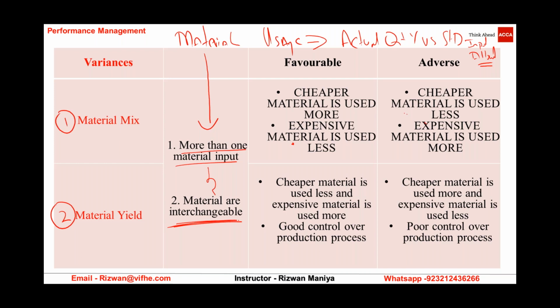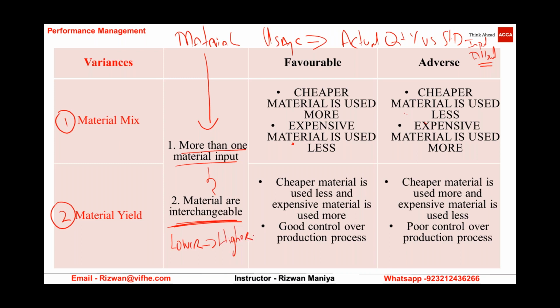Now, what is interchangeable? It's very simple. Interchangeable means that if you are using one material in a lower quantity, that lower quantity is compensated by using the other material in a higher quantity.